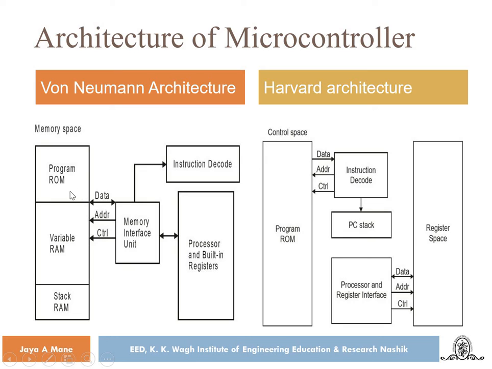Because that space is available to us and not utilized by the read-only memory. So that is an advantage: at times you can use the read-only memory space for the random access memory, and similarly you can use the space of the RAM for the ROM purpose. So vice versa, you can use it both ways, because the memory space is the same, shared for both the read-only memory and the random access memory.